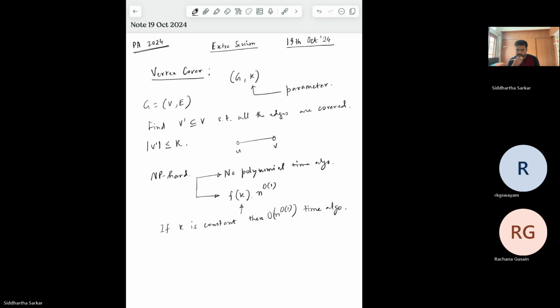We have seen a couple of algorithms for this problem.